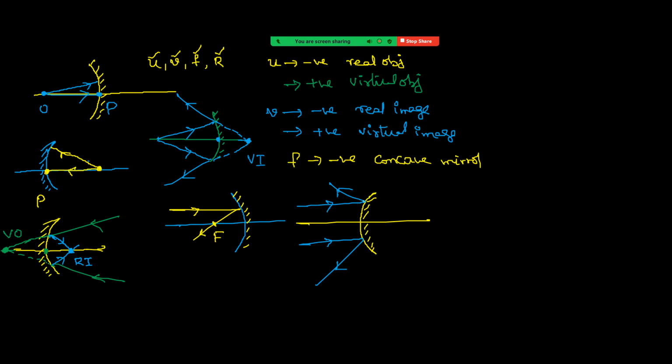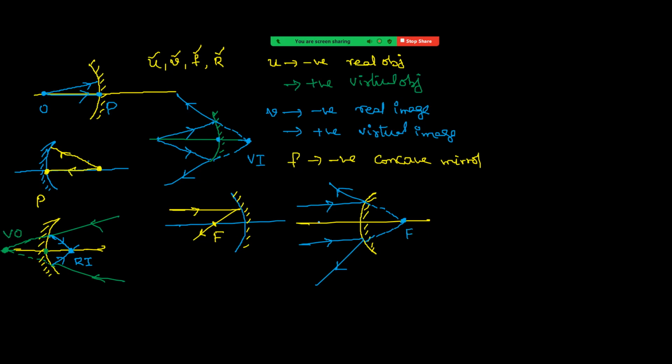Now extend those rays back. This is the point of divergence, or I can say this is the point where they appear to converge. If we extend the rays back, this is the focus.